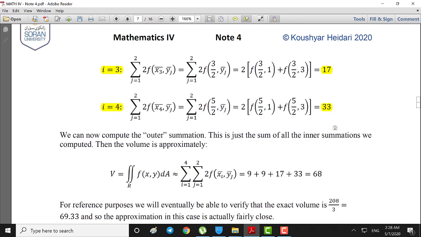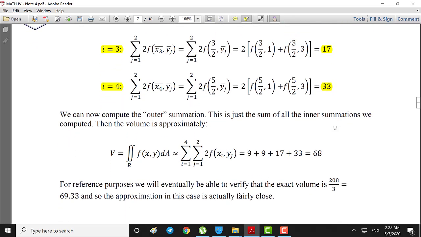So the volume is approximately equal to this, which is this double integral, approximated by the midpoint rule by the value of this double summation, which is equal to 9 plus 9 plus 17 plus 33, which is 68.